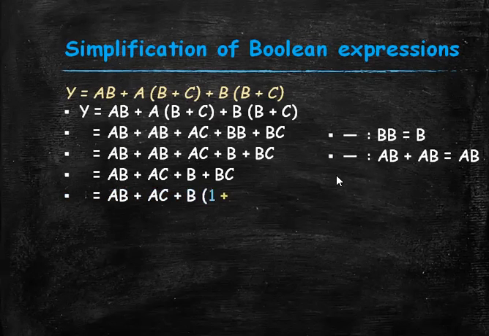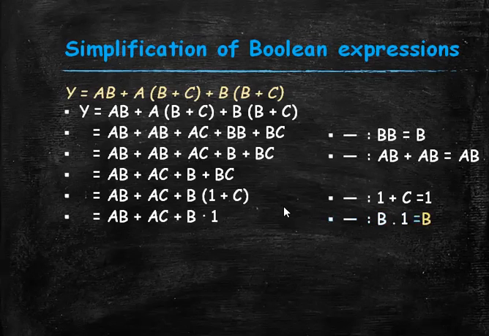From the last two terms, we take B common, then we write the last two terms as B(1 + C), and we know that 1 + C is equal to 1. Then we obtain AB + AC + B·1. B·1 is equal to B.